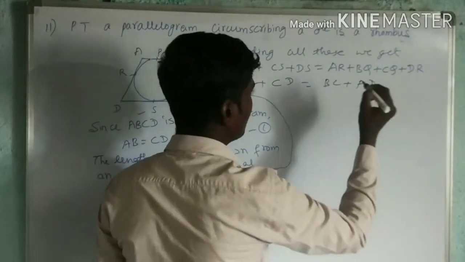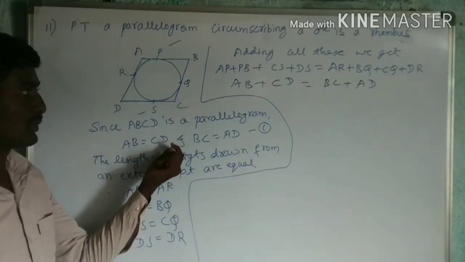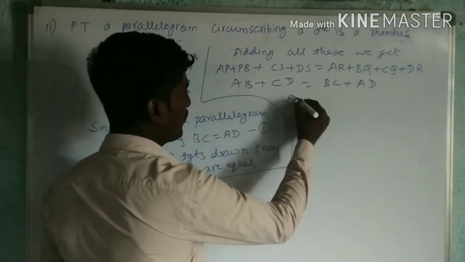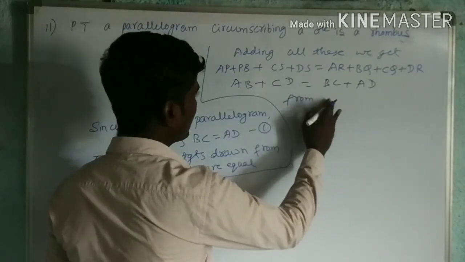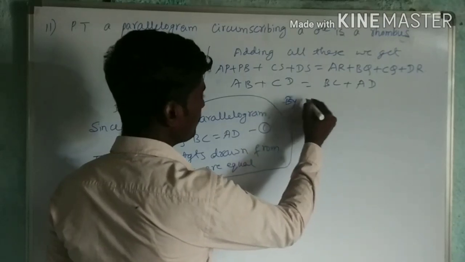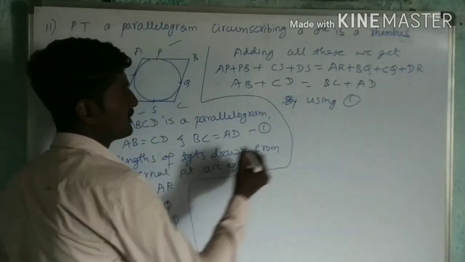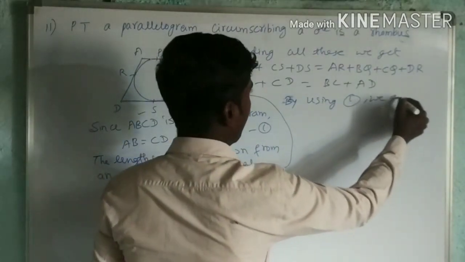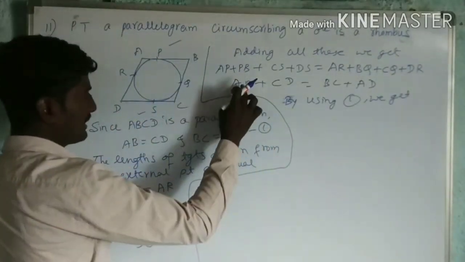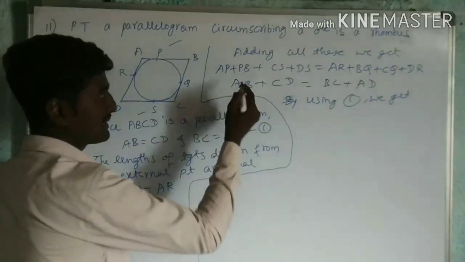AR plus DR, that is AD. Now let us use the condition AB is equal to CD from equation number 1. In place of CD I can write AB, or in place of AB I can write CD, both are the same.